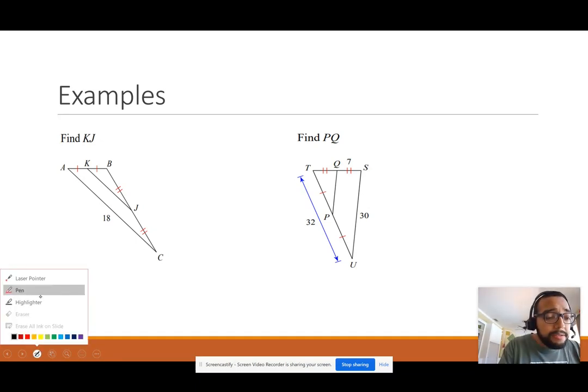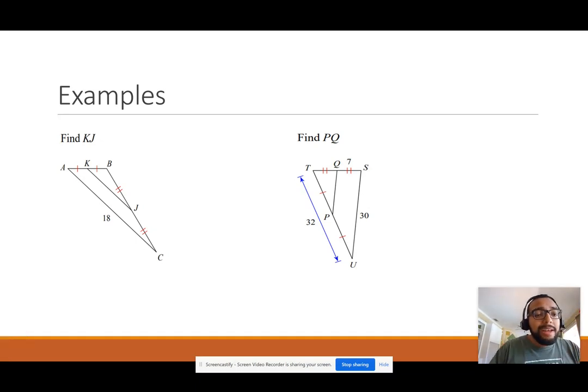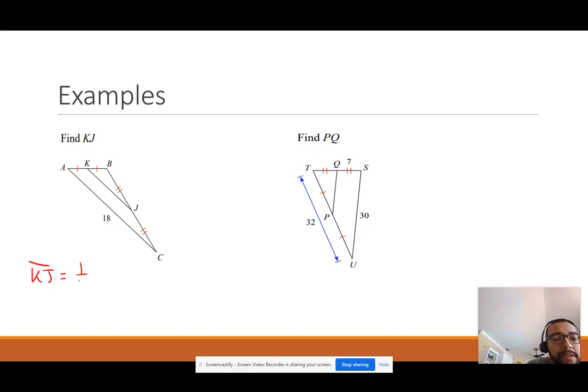And now that we're back, here we have different stuff, but it looks the same, honestly. So in this case, KJ is our mid segment, and AC would be your base. Fill in what you know next.